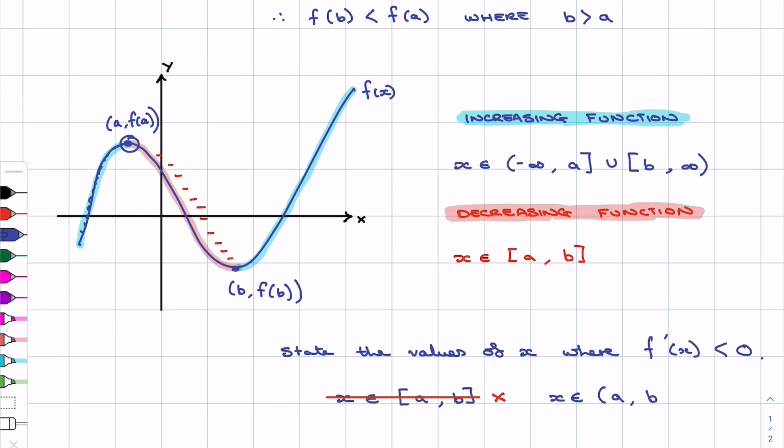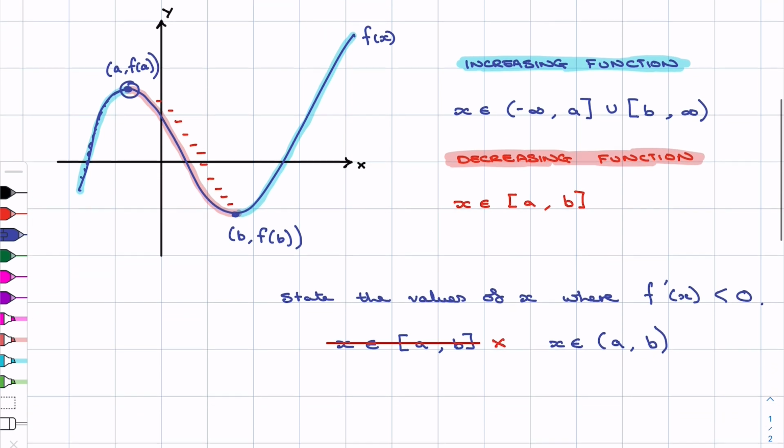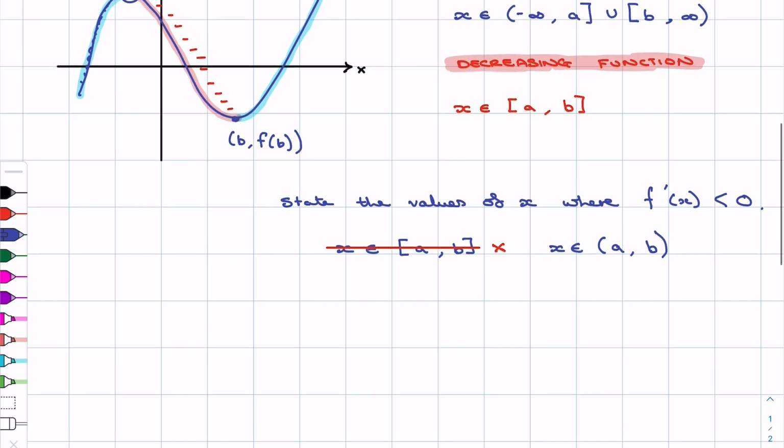Why? Because the gradient at a will be equal to 0 and the gradient at b will be equal to 0, and that's not less than 0. So we say f dash x less than 0 exists between a and b, exclusive.